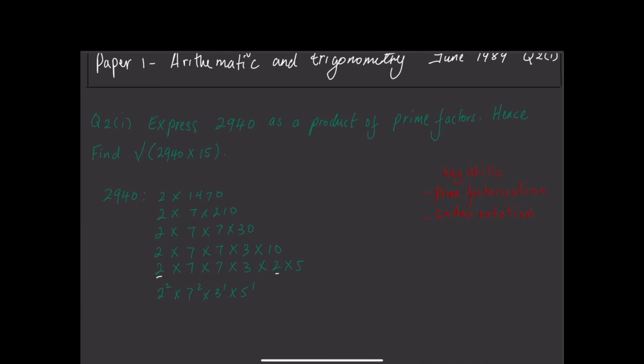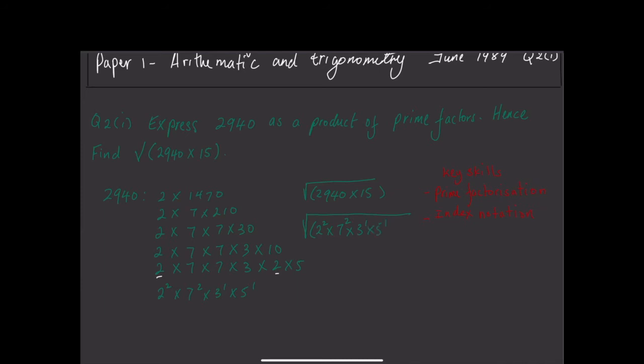You write back the square root of 2,940 times 15. Now we know what 2,940 is expressed as a product of primes. So we've got 2 to the power of 2 times 7 to the power of 2 times 3 to the power of 1 times 5 to the power of 1.